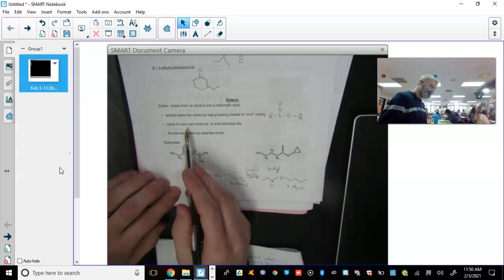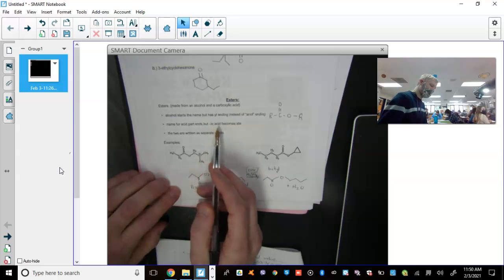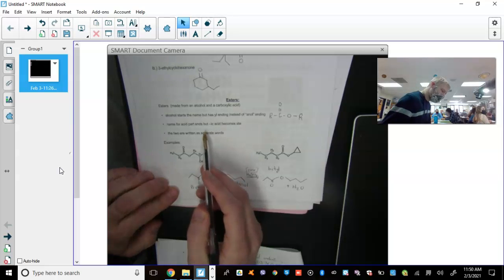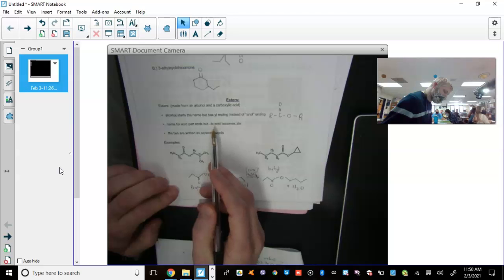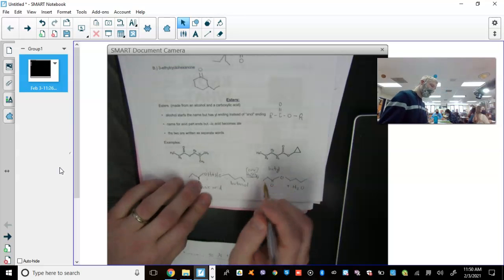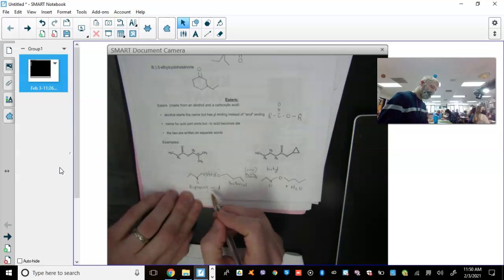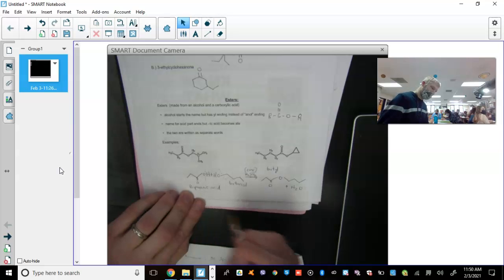And then the acid part ends the name. Butyric acid becomes butanoate. The acid part ends, but instead of ic, you're ate. So this is propanoic acid. It's going to be propanoate.